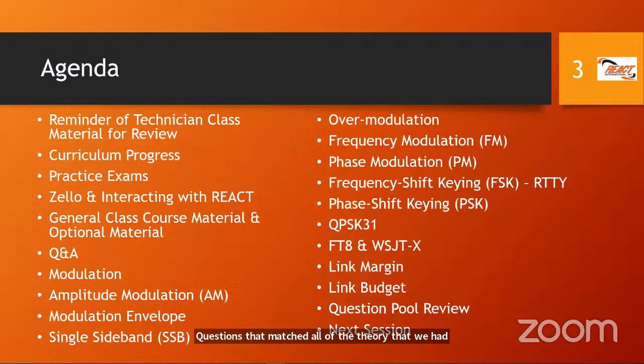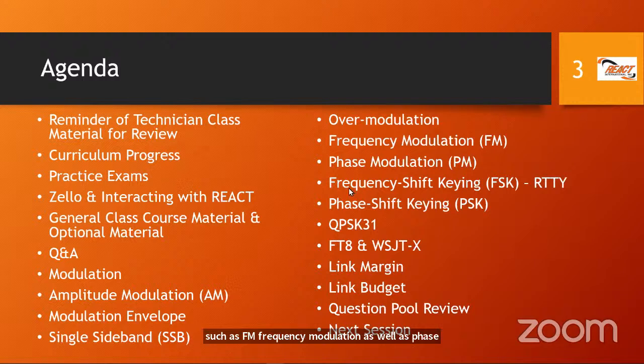So our agenda for this evening, in terms of the technical topics, we will discuss modulation. Specifically, we'll talk about AM, or amplitude modulation. We'll discuss what the modulation envelope is, then also SSB, or single sideband. We'll talk about an issue that can happen called overmodulation. Then we talk about other modulation types such as FM, frequency modulation, as well as phase modulation, or PM.